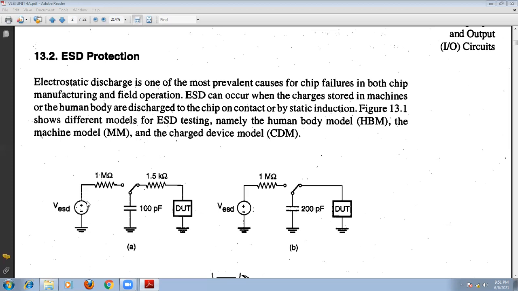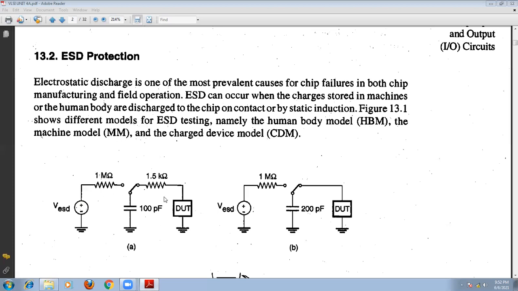For example, it may be 2 kilovolts, or 4 kilovolts, or maybe 6 or 8 kilovolts. And then that charge is discharged through this 1.5 kilo ohm resistor, which is connected in series with the device under test. That is called the human body model.